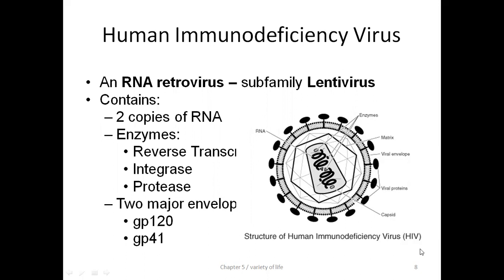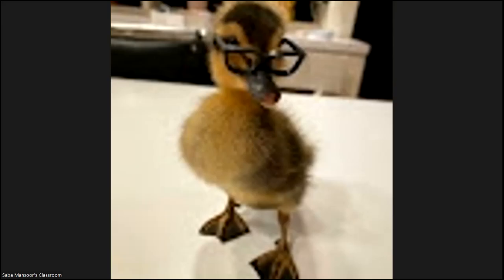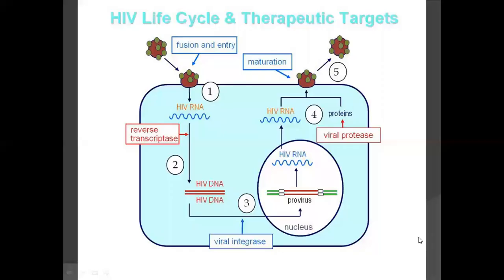After going over the structure, you have to learn the parts of all the structures, because when we are studying the life cycle, we have to be very clear about the different parts of the viral particle. I will be showing you this life cycle. This life cycle is very good so that you can understand it and you can draw it on your paper. Now, this is the first part, the fusion and entry of the HIV virus.